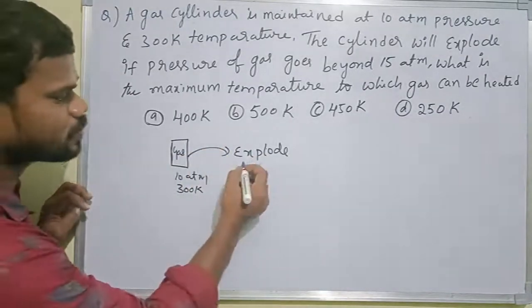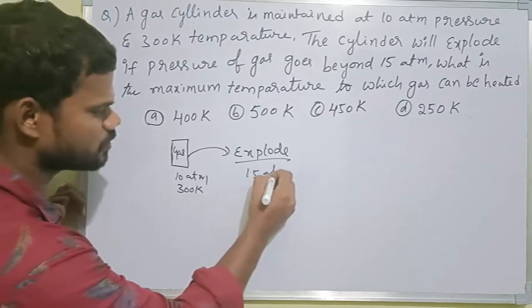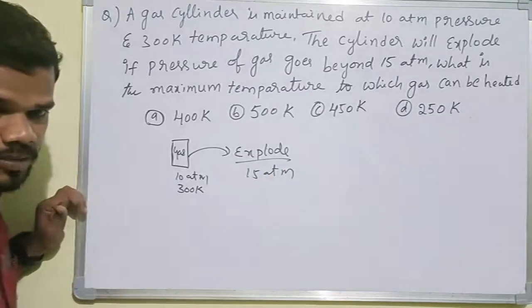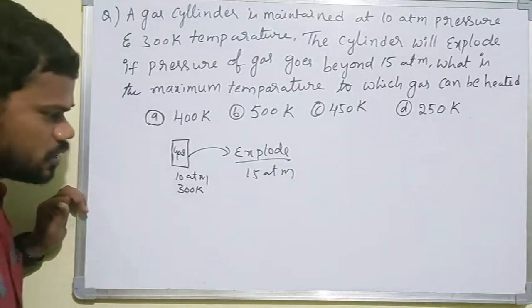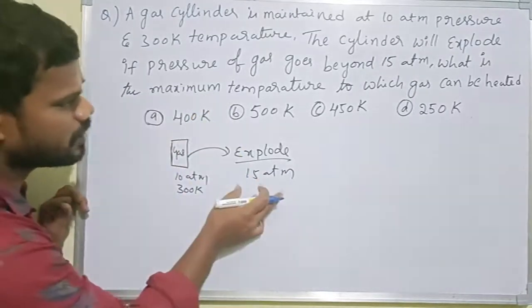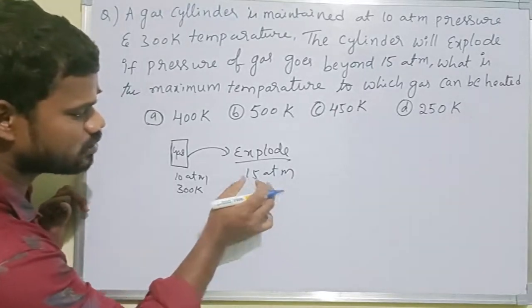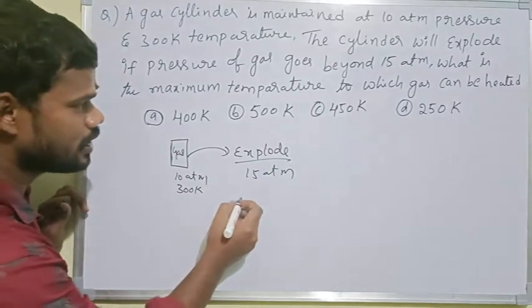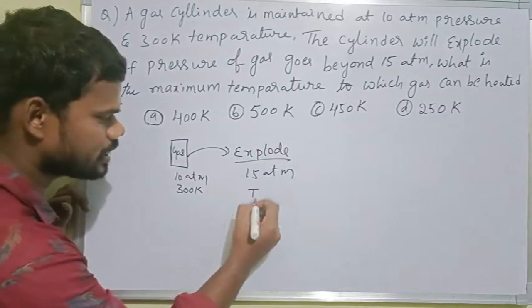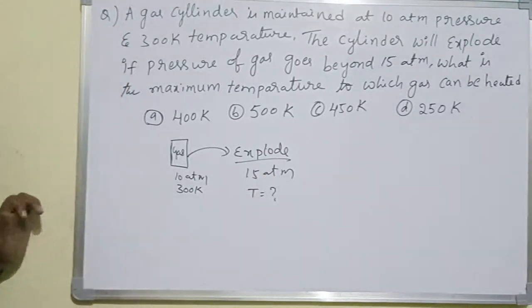When it explodes, the pressure becomes 15 atmospheric pressure. So what is the maximum temperature to which the gas can be heated here? When we heat this gas, how much temperature can be present when it explodes?